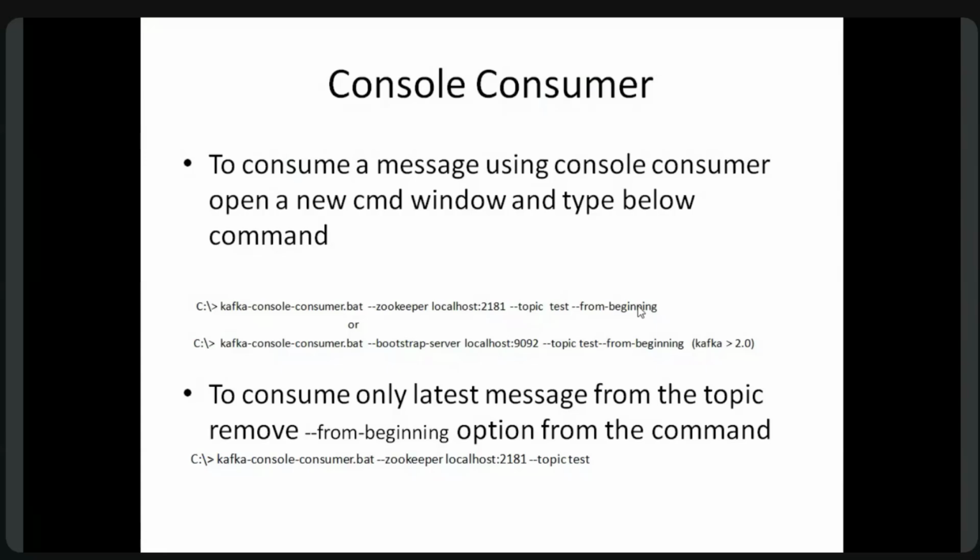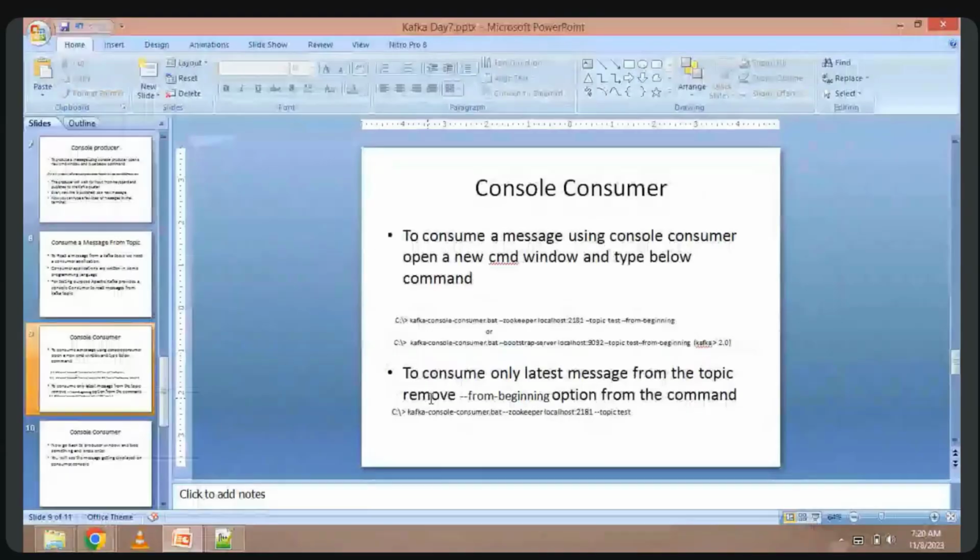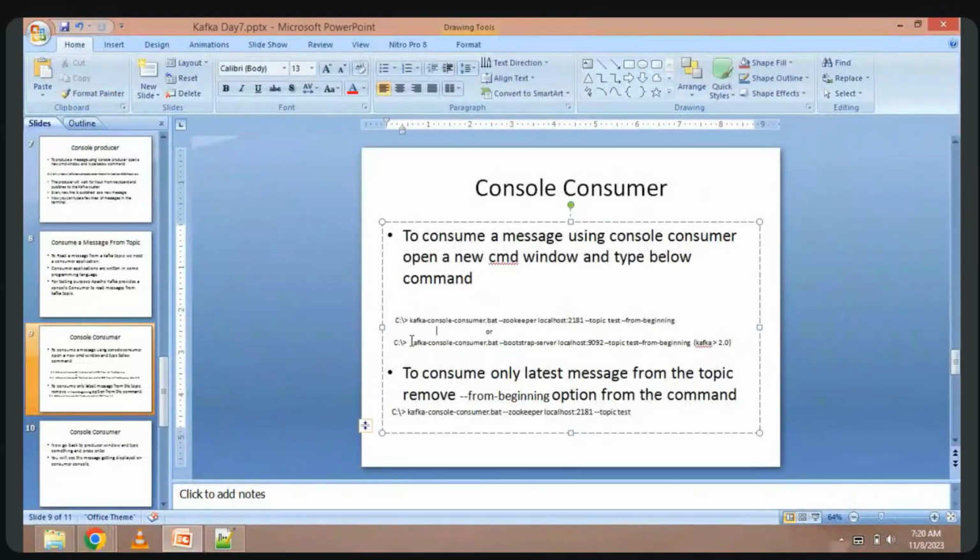What is the meaning of this last option? From beginning means it is reading your data right from the beginning. If you don't give this option, it will only read the latest data in the topic. Previous or older data, it will not read. The option is optional. You can give it or you can remove it. It's up to you.